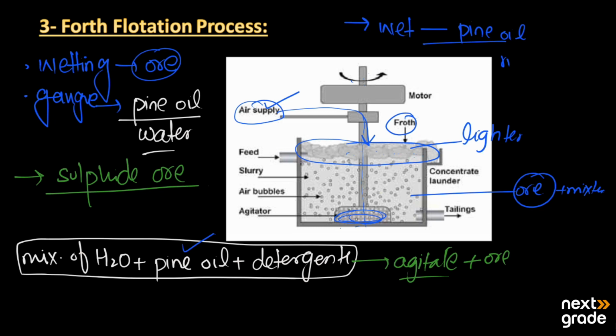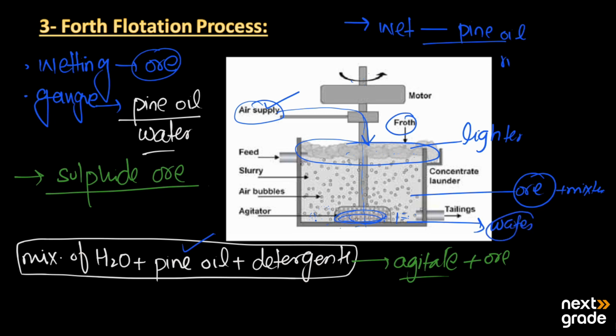Now all the gangue particles become wet by the water and sink to the bottom of the tank, and as water is heavier, it lets them settle at the bottom.